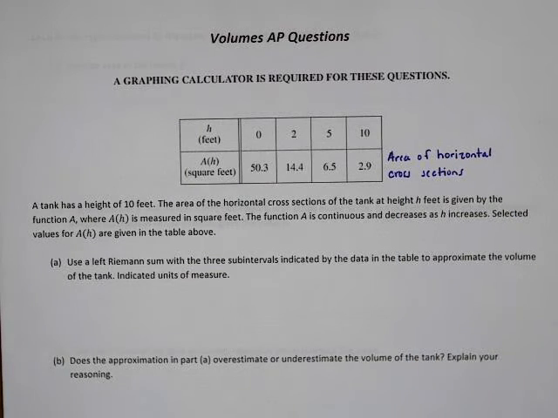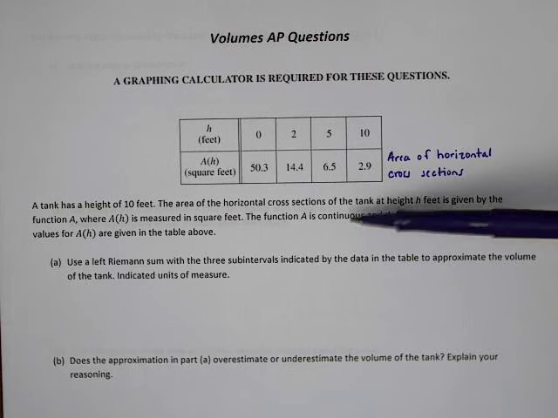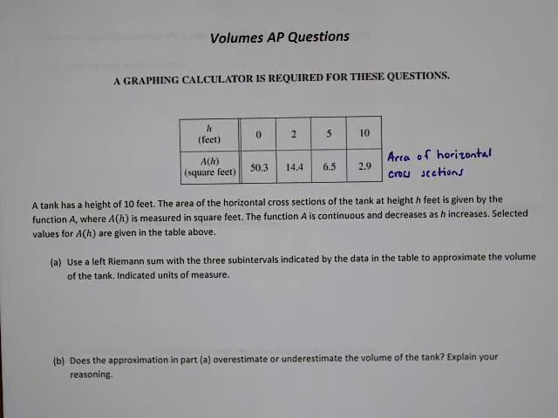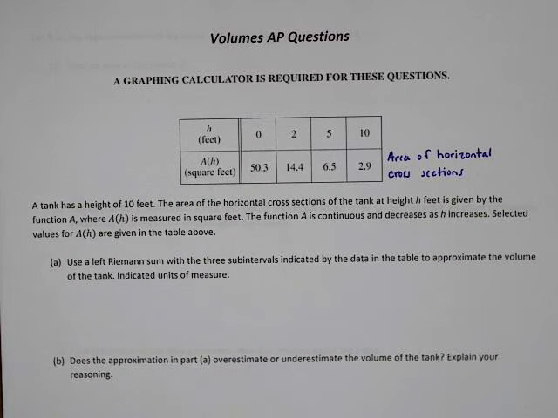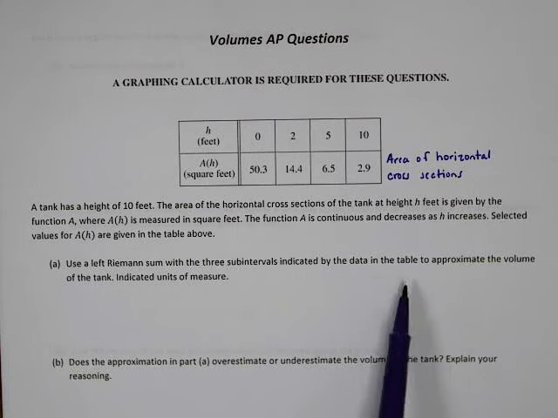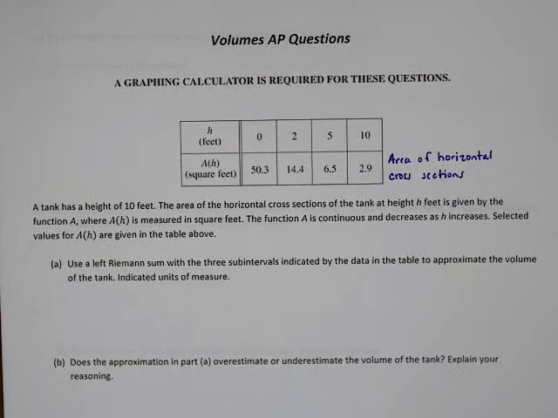The function A is both continuous and decreases as h increases. Selected values for A are given in the table above. Use a left Riemann sum with the given three subintervals indicated by the data in the table to approximate the volume of the tank. Indicate units of measure.